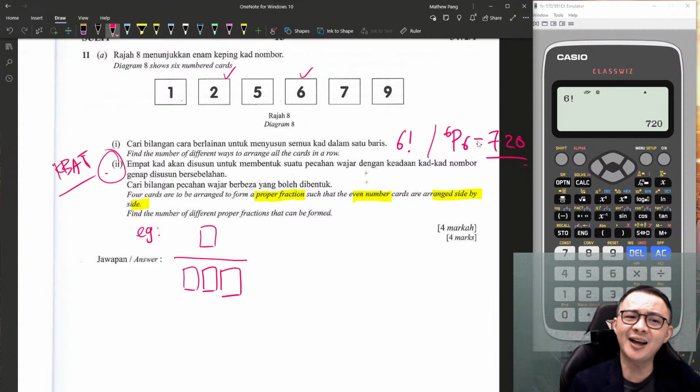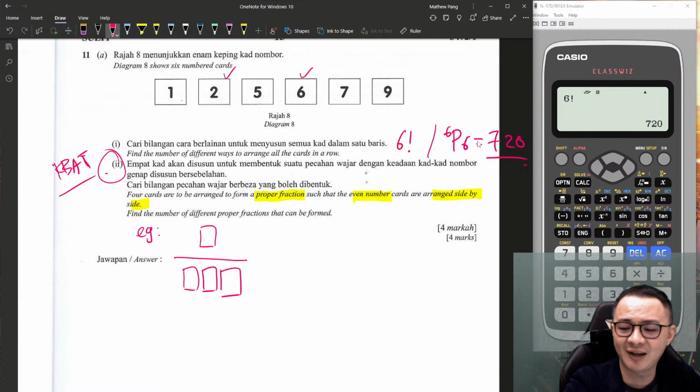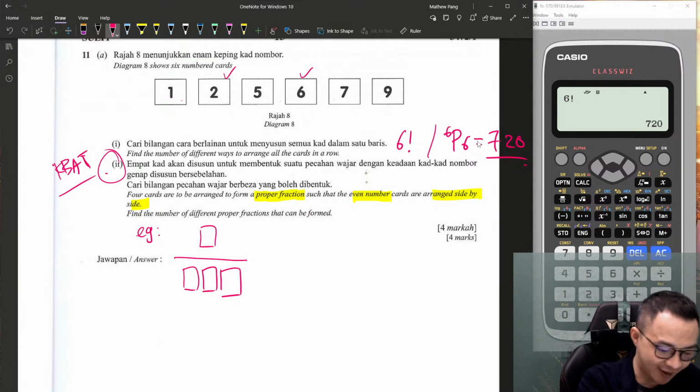I think I should be able to exclude the 2 and 6, isn't it? The question just says the even cards must be arranged side by side, but it doesn't say whether we can exclude the even cards or not. I did this question before, so I think we should be able to, since the question doesn't say so.